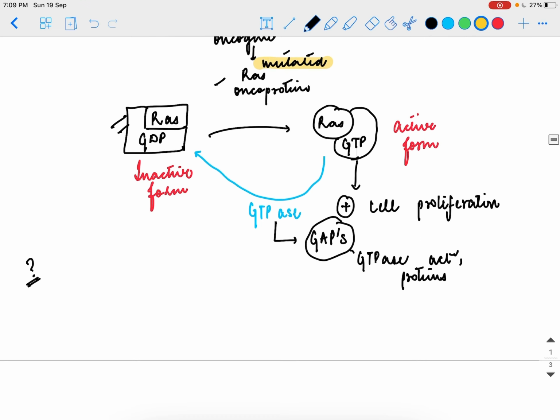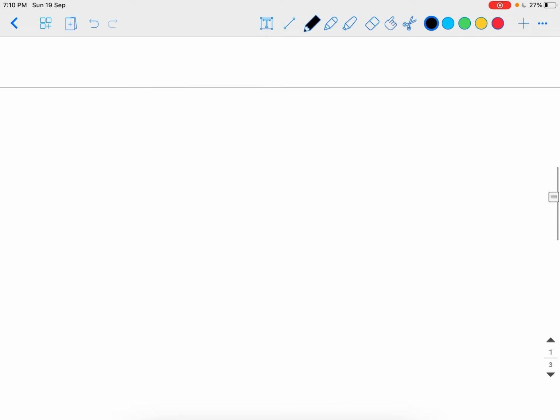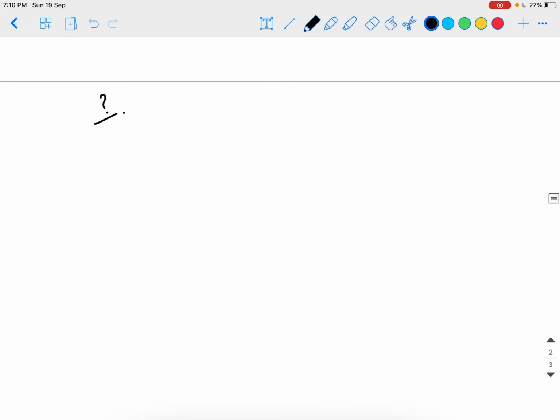The mutated oncoprotein will bind to the GAPs, that is, GTPase activating proteins. So GTPase will not function, and the RAS oncoprotein will remain actively bound to GTP, and there occurs an excessive proliferation.